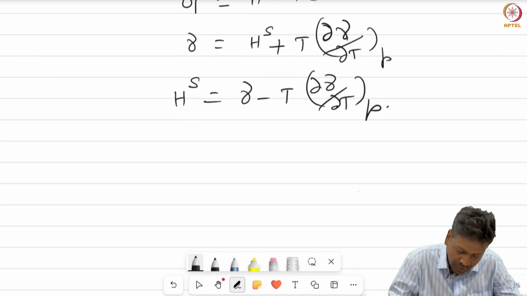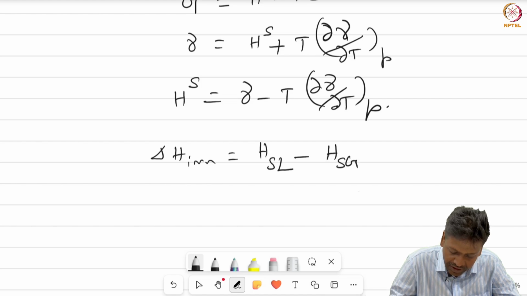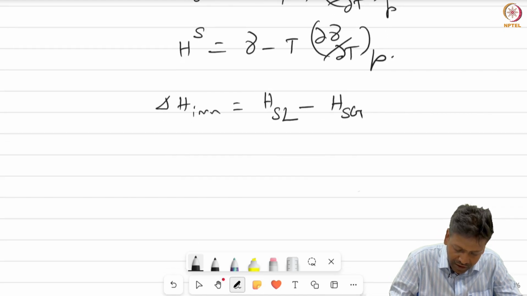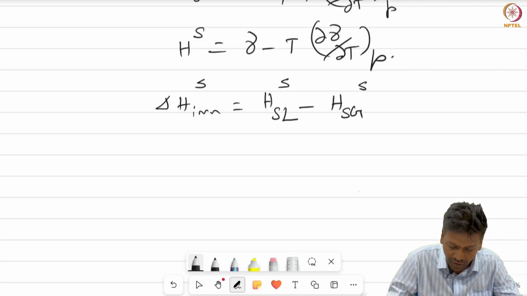Now we know H superscript S, but we are talking about delta H immersion, which is nothing but H wet, subscript SL, minus H dry solid, subscript SG. If I specify delta H immersion superscript S, I will use the same notation for all the terms.